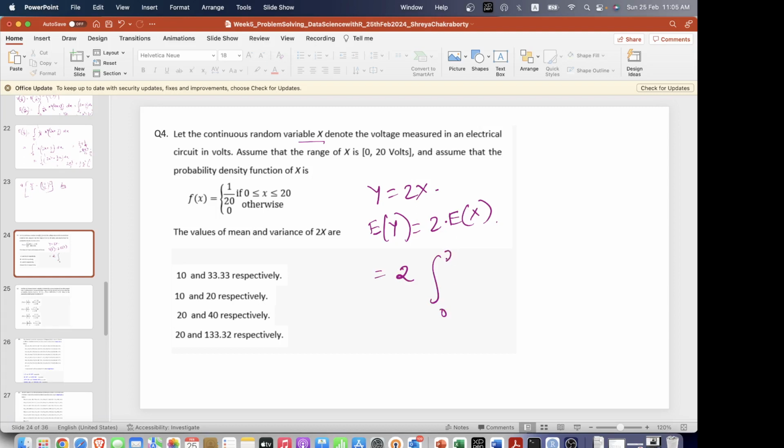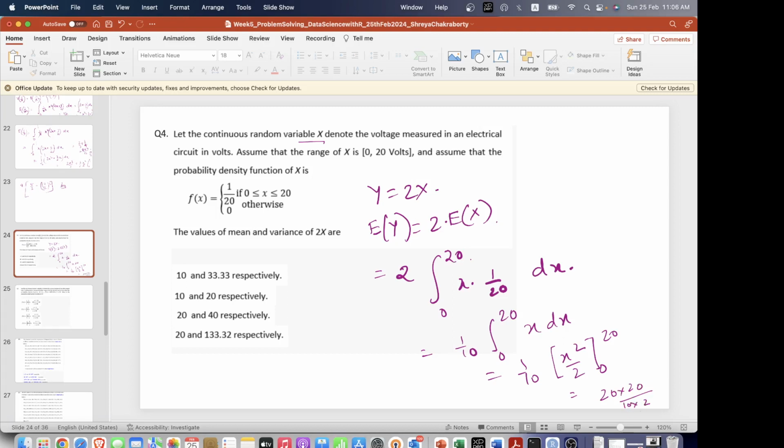This would be integral from 0 to 20 of x into 1 by 20 dx. So it would be 1 by 10, integral of x dx, 1 by 10 x square by 2, from 0 to 20. So this would be 20 into 20 by 10 into 2. So it would be 20.